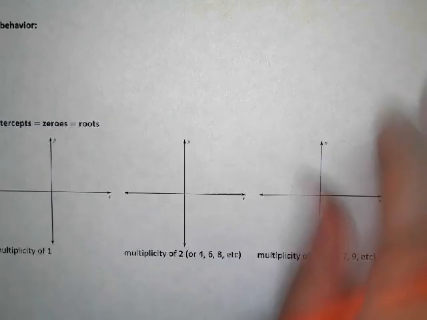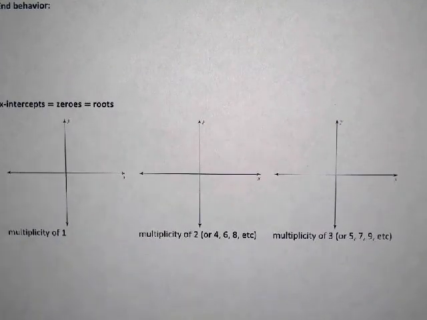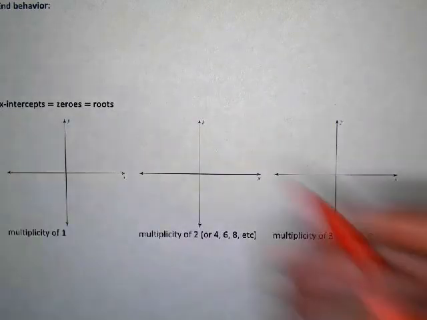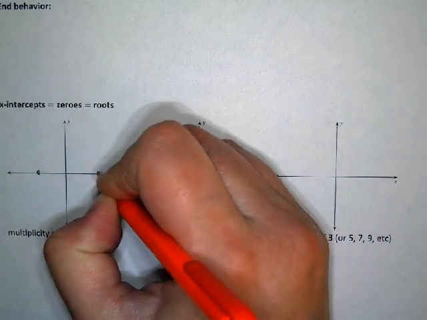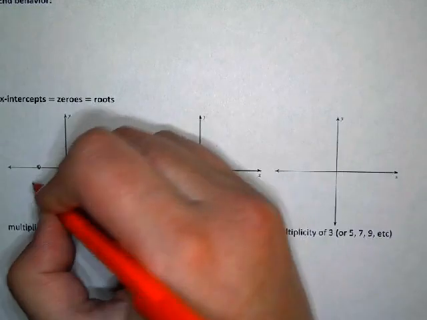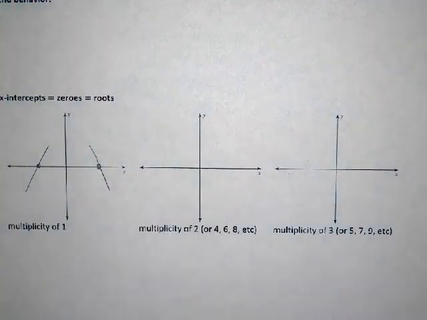We talked about multiplicity. Do you guys remember that? Multiplicity of 1, multiplicity of 2, multiplicity of 3. So we said with a multiplicity of 1, we would have an x-intercept, and the graph would go straight through. Straight through. That's what it looks like when you have a multiplicity of 1.